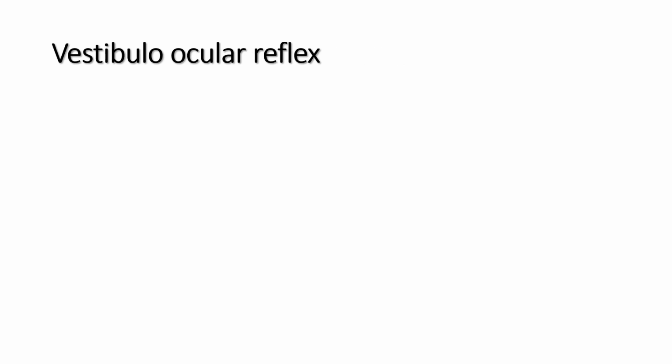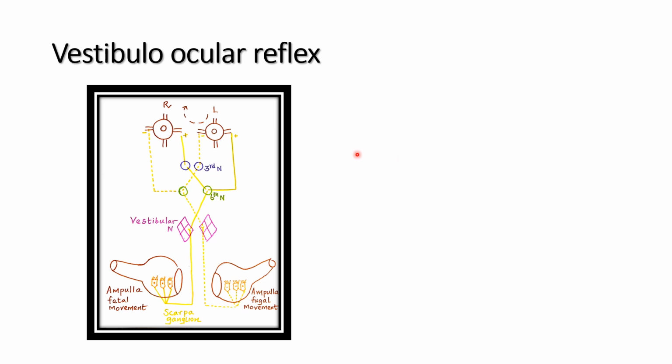The vestibulo-ocular reflex. When the person rotates the eye from left to right side, the angular acceleration is sensed by the ampulla of the semicircular canal on both the right and left side.